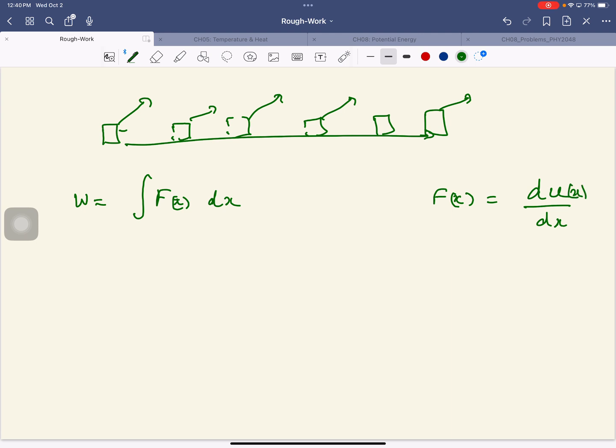We're always interested in calculating the work done by a force. What if this force is given by the derivative of a function? How much work is done in going from x initial to x final? How much work is done on this object when it goes from x initial to x final?